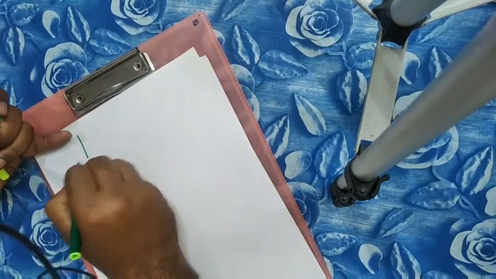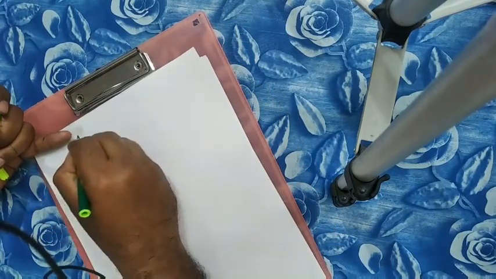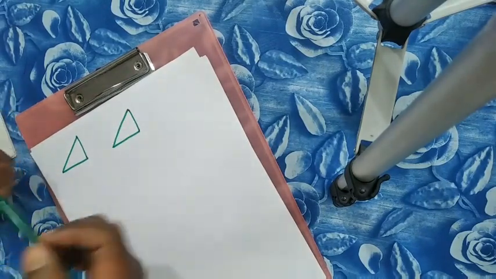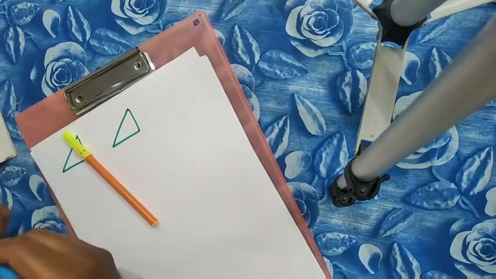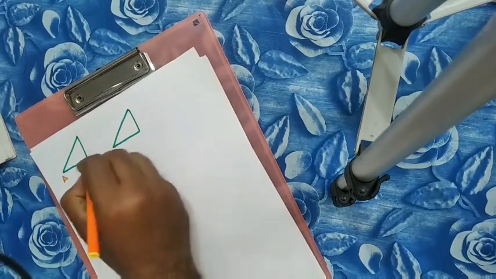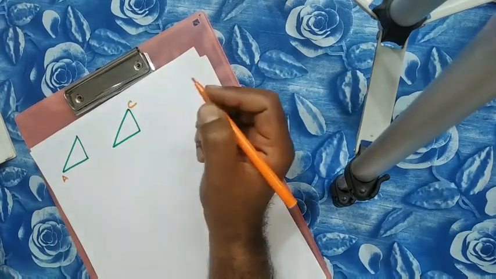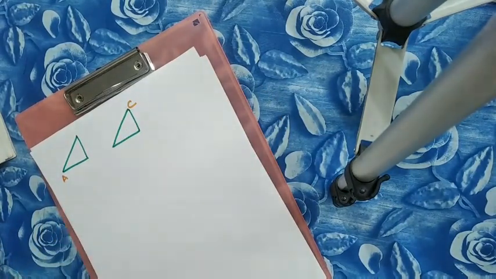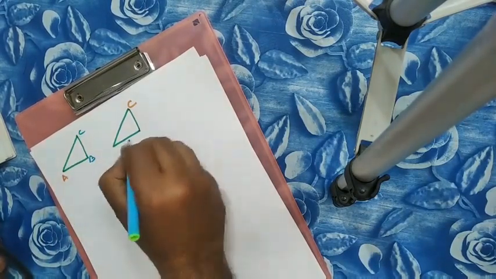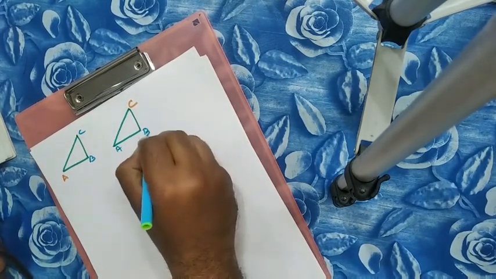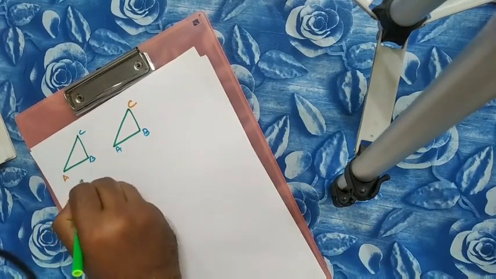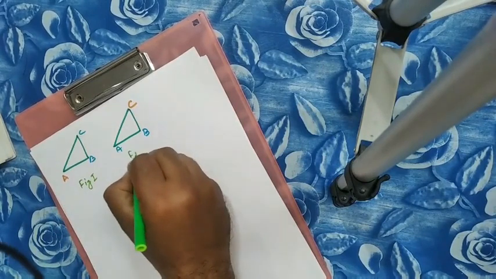Let us consider two figures. Why are we considering two figures? Because in one figure we will calculate for angle A and in the other we will calculate for angle C. This is figure 1, this is figure 2.